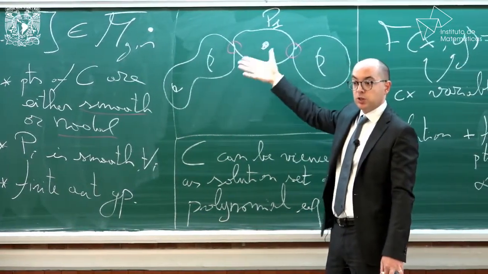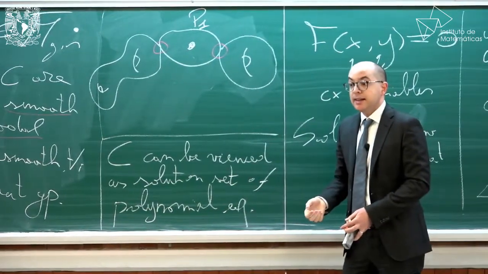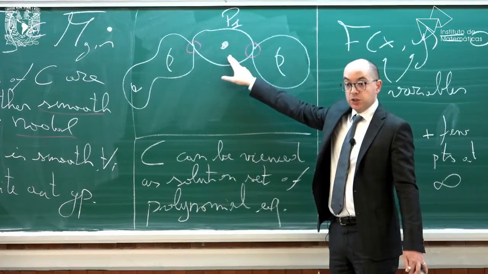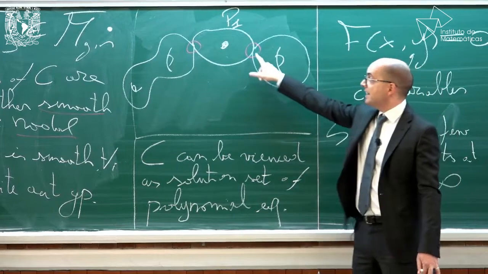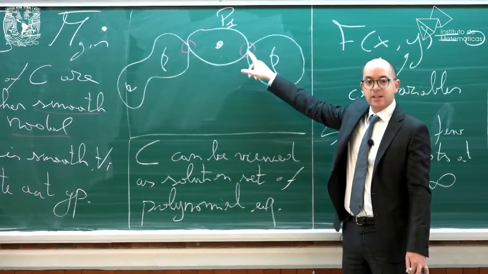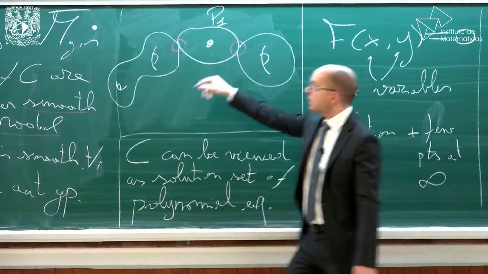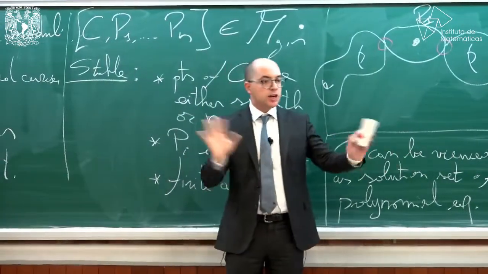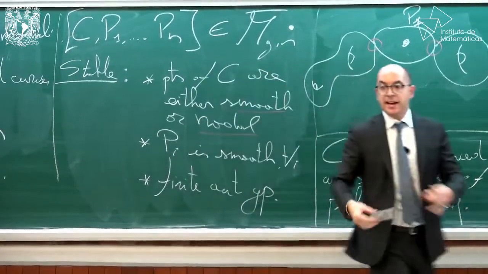Once you fix 3 points on a genus 0 component, there is no automorphism. On any genus 0 component, you want that condition. And on any genus 1 component, you want at least 1 special point, where again, special point means nodal or marked. Marked is one of the p_i. Every other component of your curve is fine. Was there a question? Any comments on here?